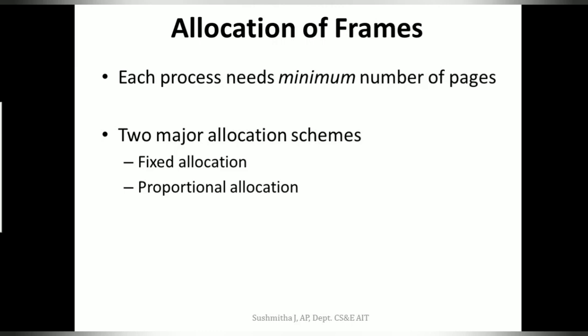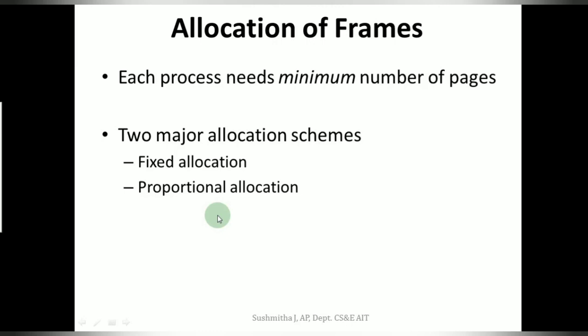So how are frames decided for a process, that is, how many frames should be allocated to a particular process? We have two techniques. One is fixed allocation and the other is proportional allocation.